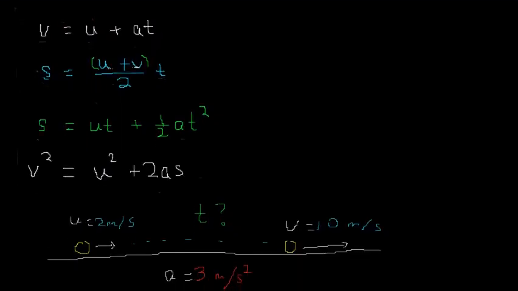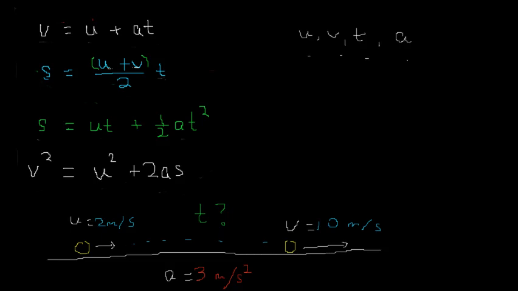Let's go back to the equations. We have u, v, t, a. These are the variables, the quantities involved. Now the way to do it is to look through these four equations and find which of them contain all four of these quantities.